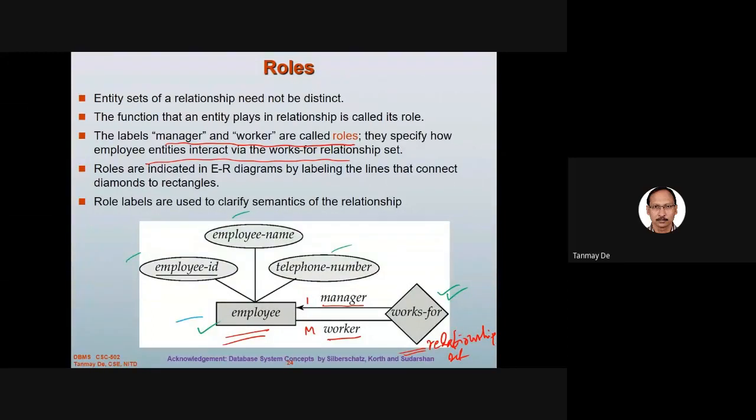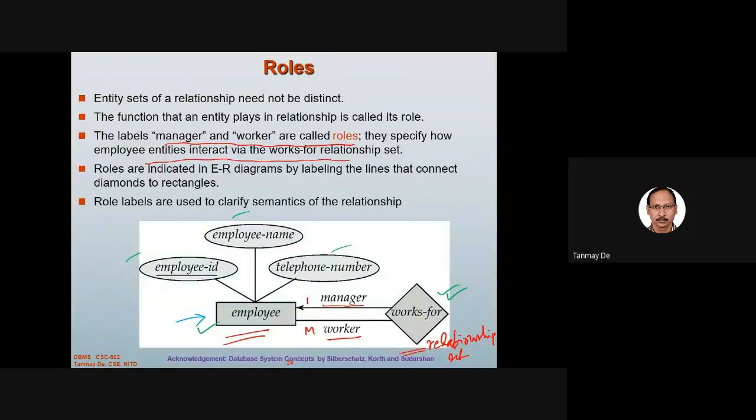This is the employee entity set. In the employee entity set, there are a number of employee entities, is it not? Some of the employee entities act as a manager of a particular project.